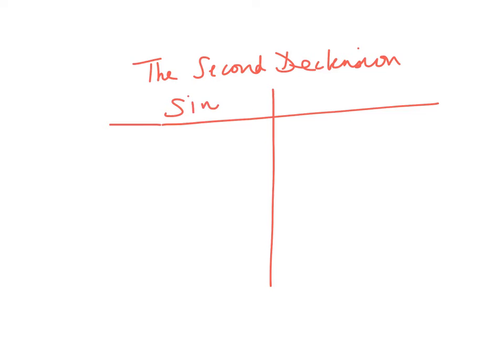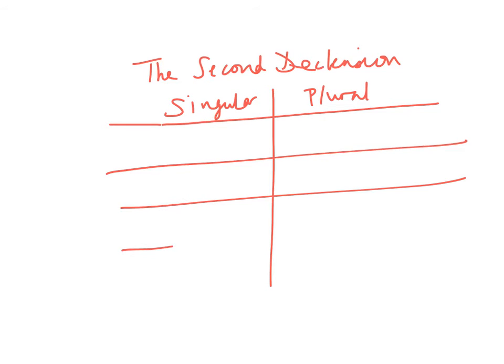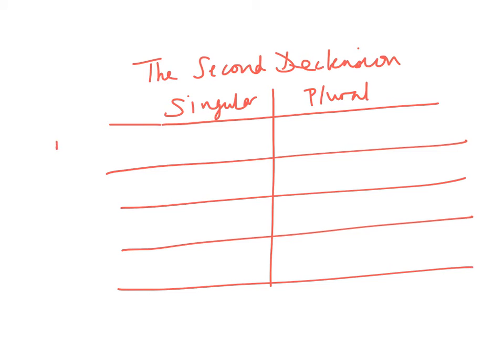So once again we divide between the singular and the plural because there's a separate set of endings for each, and we're going to make our 4 rows for the 4 cases which we're going to be focusing on, which are the nominative for the subject of a sentence, the accusative for the object of a sentence, the genitive, which means of or belonging to, and the dative, which means to or for, and has in fact quite a few other uses as well.